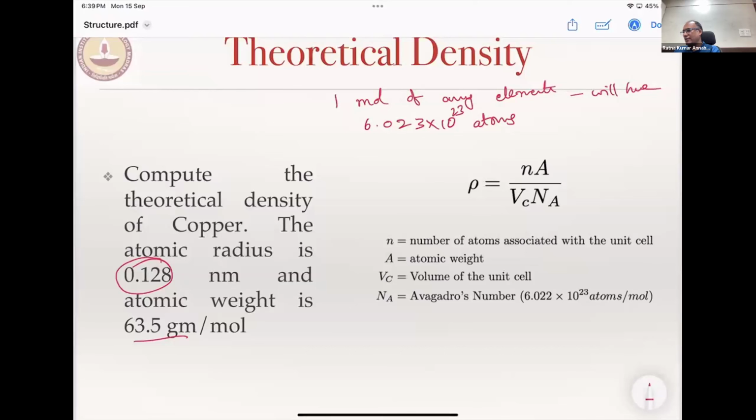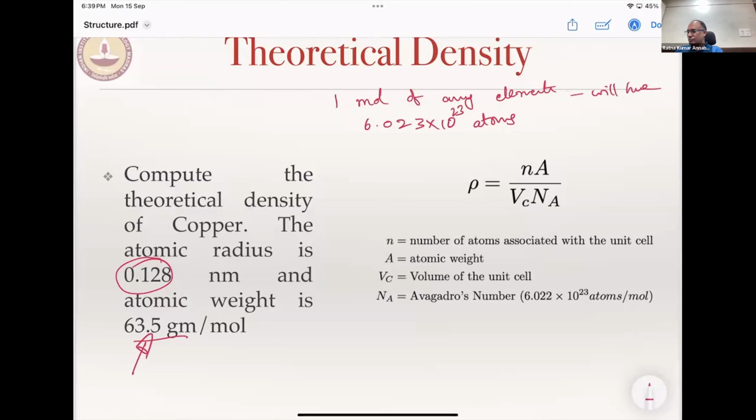That is the meaning of it. So if you take 1 mole of copper, that means 6.023 into 10 power 23 atoms of copper will weigh 63.5 grams. That is the meaning of atomic weight.